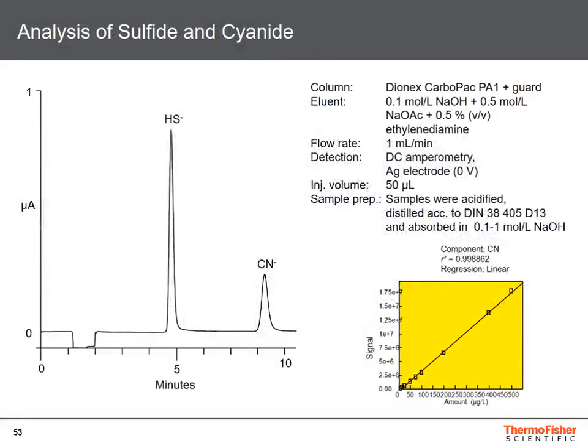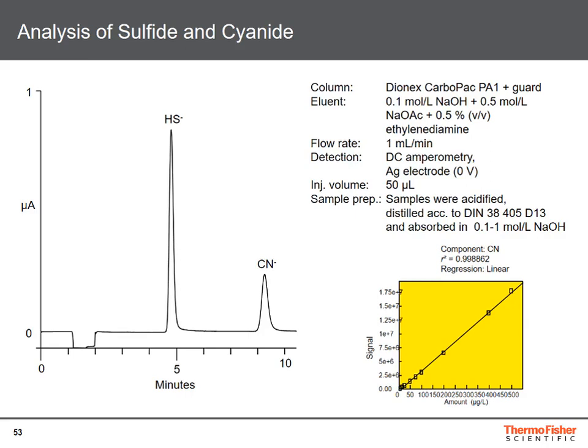A very important example of DC amperometry of inorganic anions is the analysis of sulfide and cyanide. As you can see from this slide, both anions are separated very well on a Dionex CarboPac PA1 column with a high concentration of sodium hydroxide and sodium acetate in the eluent.